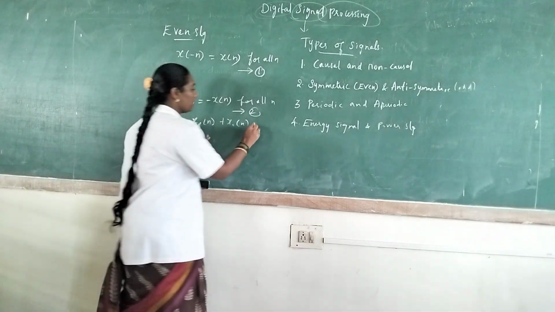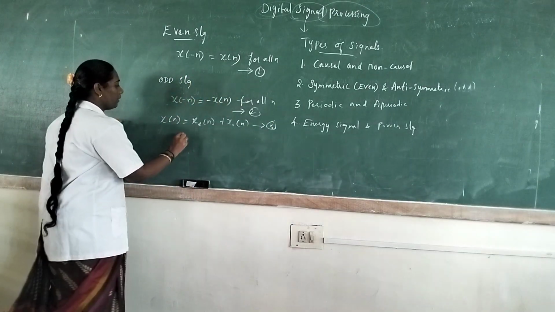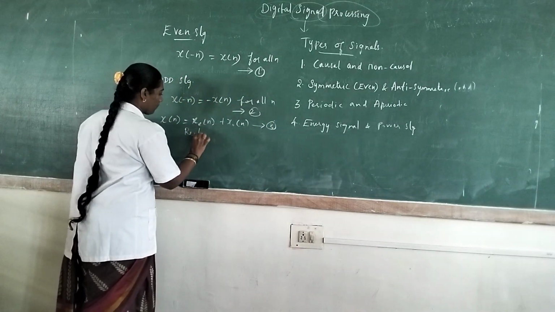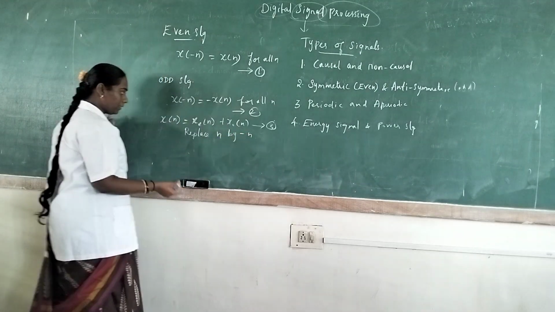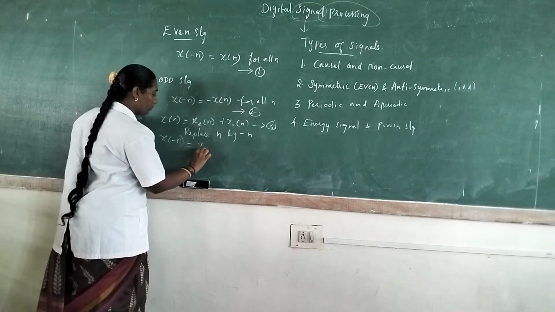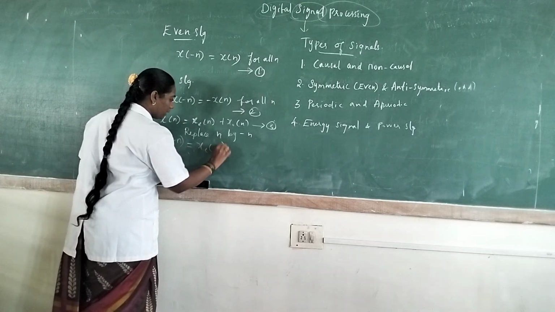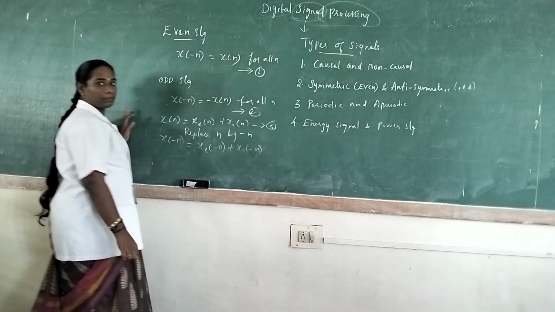Consider this equation as 3. Now replace n by minus n. So x of minus n is equal to xe of minus n plus xo of minus n.